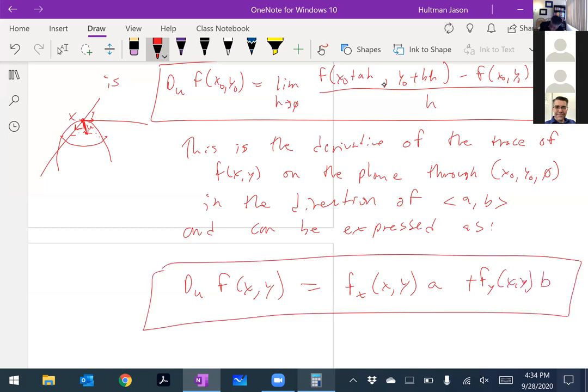So this is the directional derivative. This is the derivative of f of xy in the direction of u. Because remember, think of f of xy as z. It has two variables. That's just a surface, the graph of a surface.